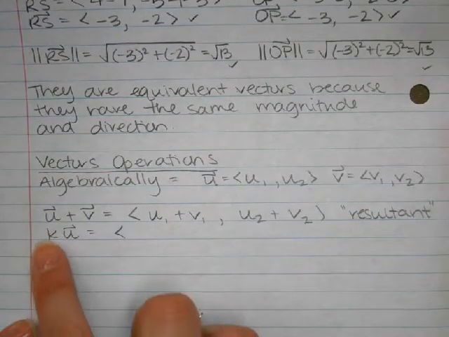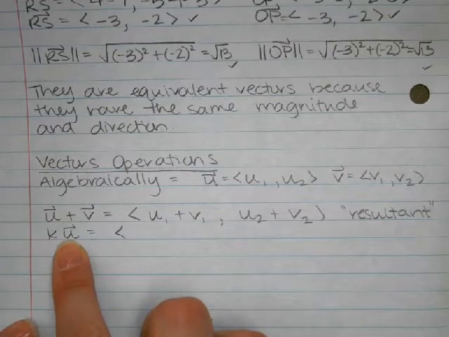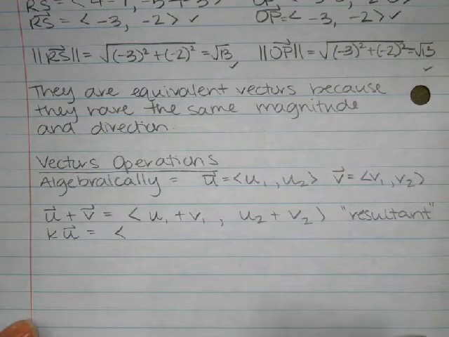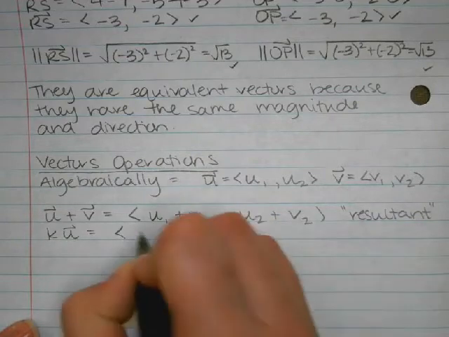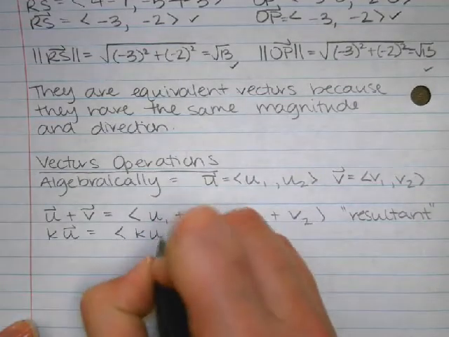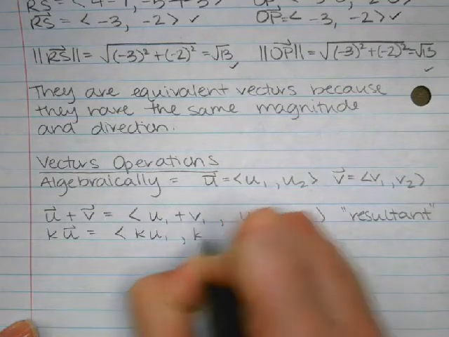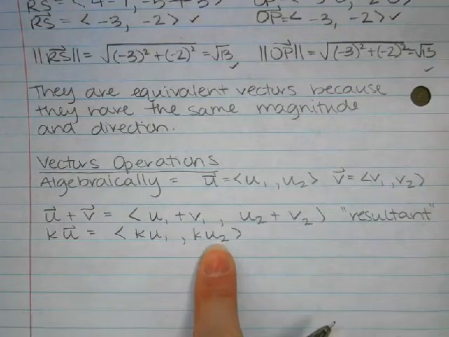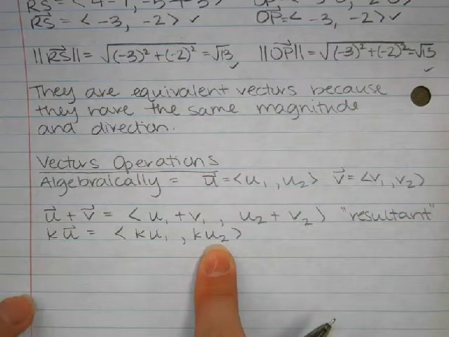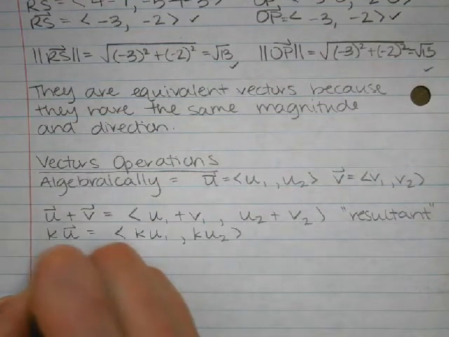So if this was 2 times u, then that vector would be twice as long as normal. If it was 1/2 u, it would be half as long as normal. So here we would just do k times the horizontal component, k times the vertical component, and then that would be the resultant vector.